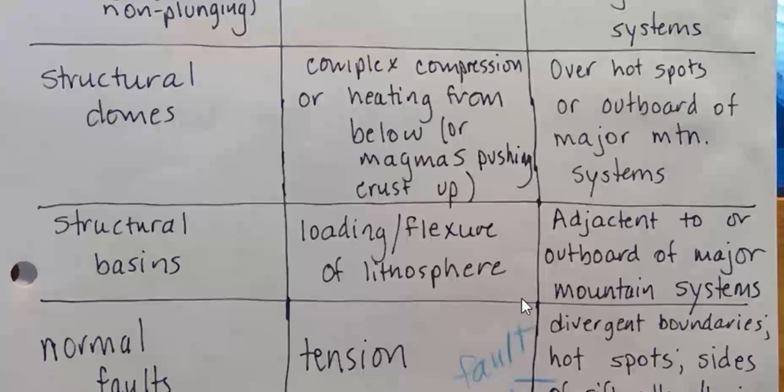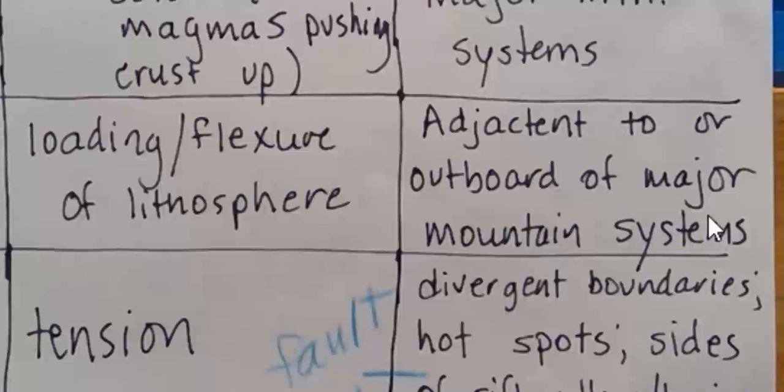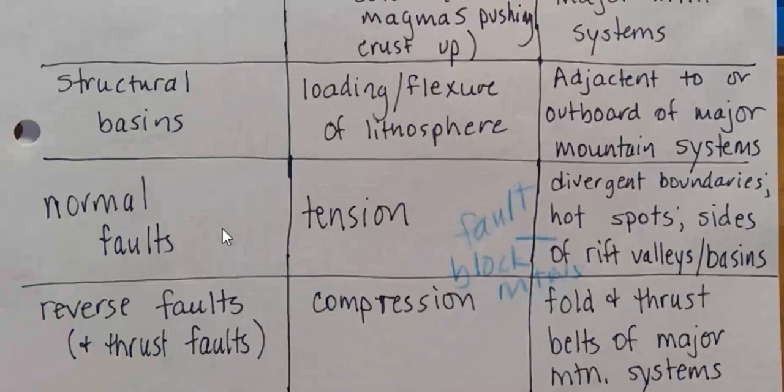A typical place where that kind of loading will occur is where you have a major mountain system forming, the major mountain system being the load, and then we have areas adjacent to the major mountain systems where the weight of the mountain system bends the lithosphere downward, and we get a structural basin. And then sediments that are eroded from the mountain system tend to be deposited over millions of years in the structural basin.